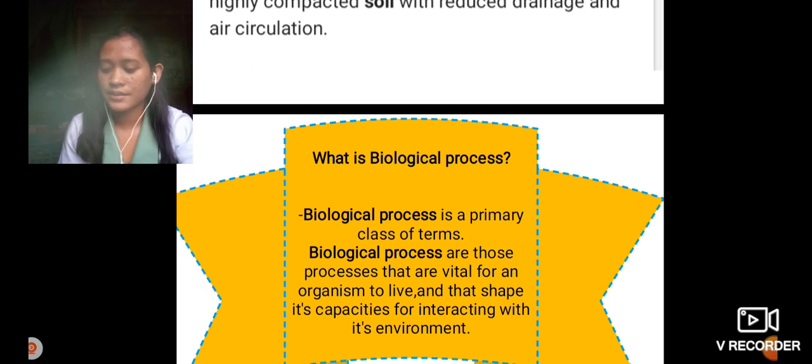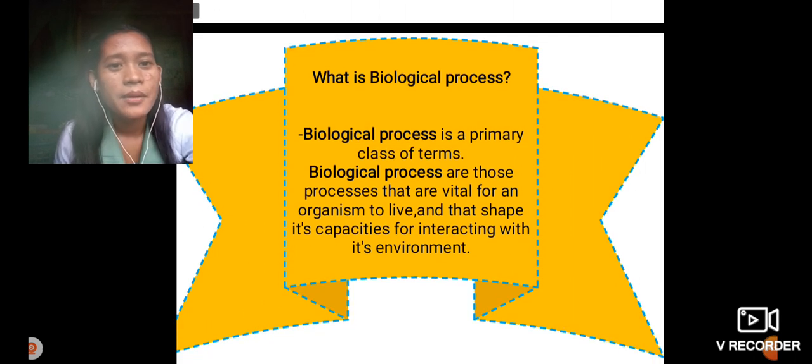Next, what is a biological process? Biological processes are those processes that are vital for an organism to live and that shape its capacities for interacting with its environment.